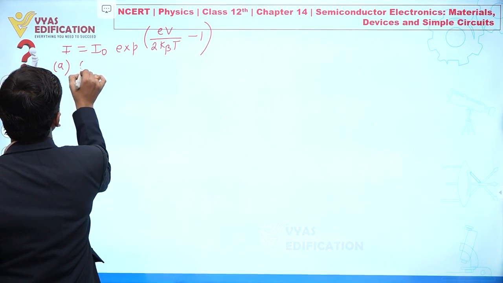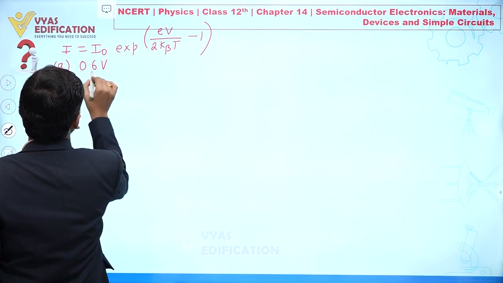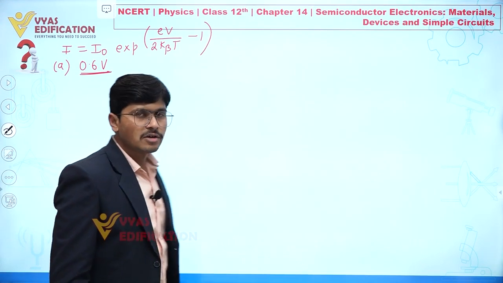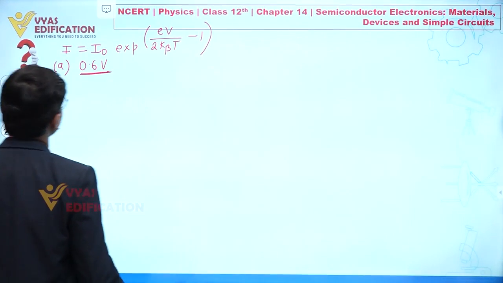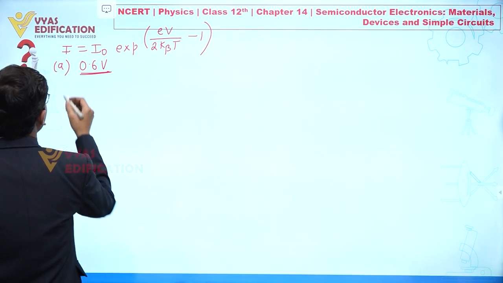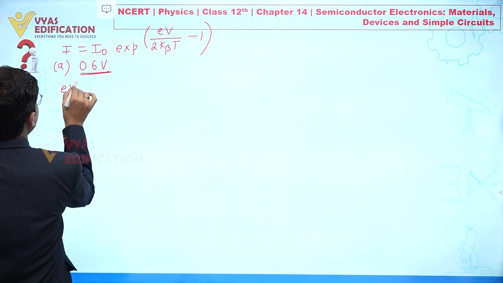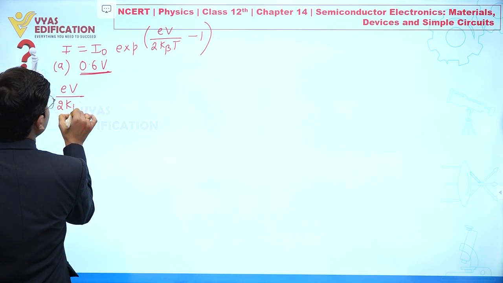So first of all we are writing this value 0.6 volt. So what is the value of current at 0.6 volt? For that, first I am calculating this value EV divided by twice KBT.